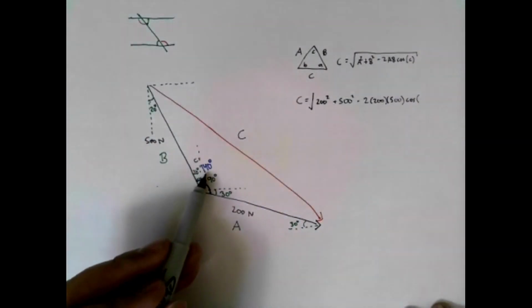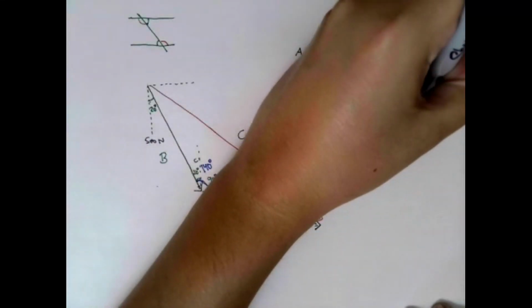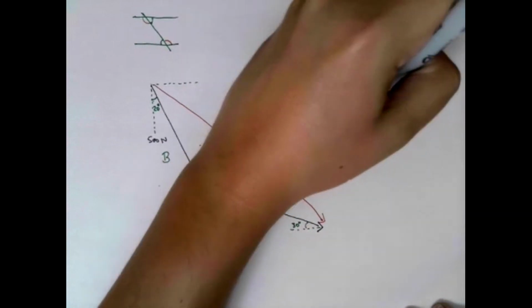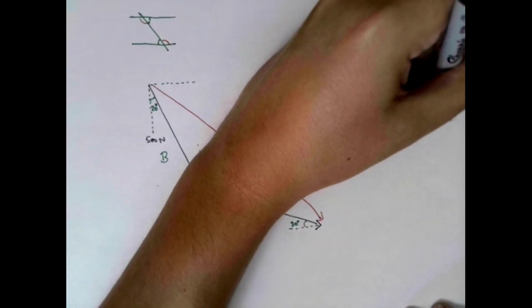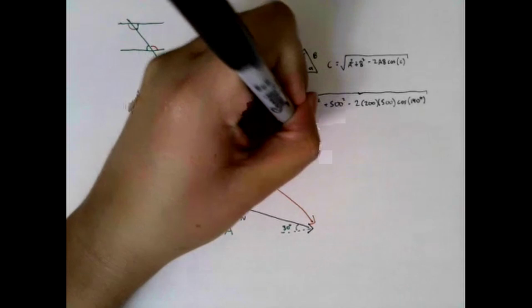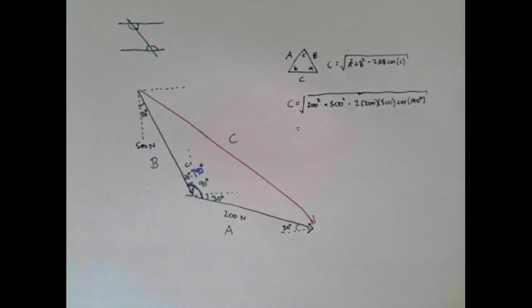And for C, I have 140 degrees. I want to be in degree mode for this, right? Yeah, because we're using degrees.